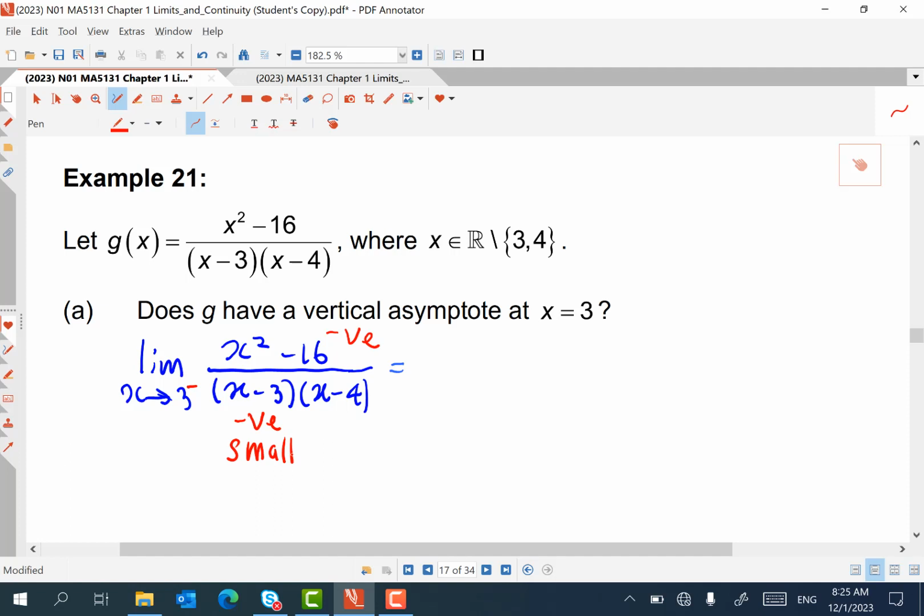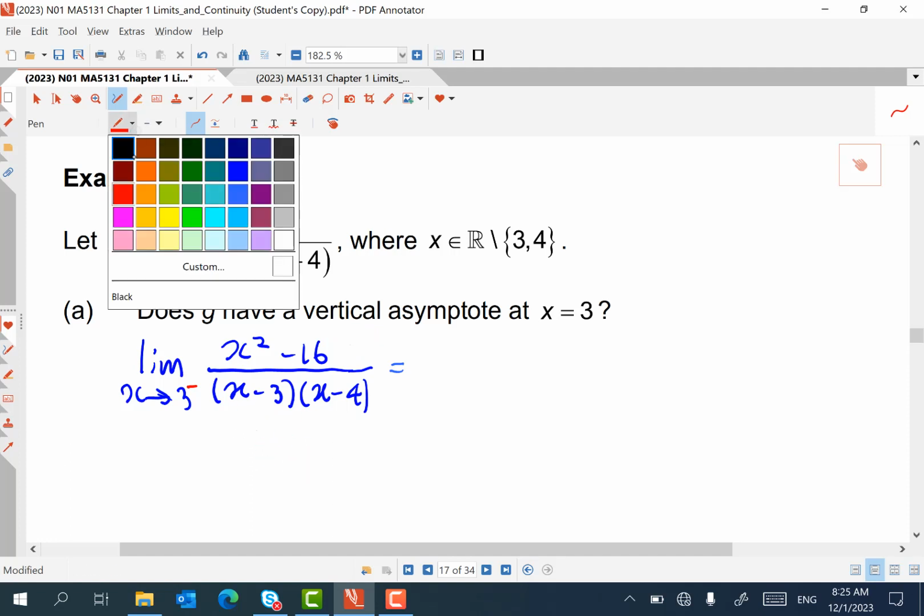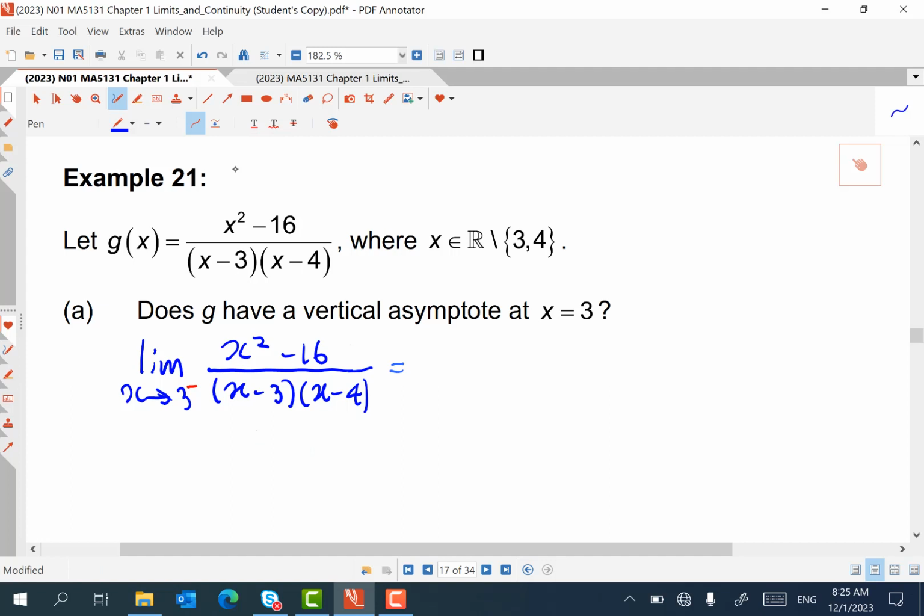Okay, maybe I did it too prematurely. I should actually do some cancellation first. I'll rewind. Good thing about technology, I can rewind quite easily. I want to do a factorization first, to clean it up a bit. Okay, maybe we do this one first.